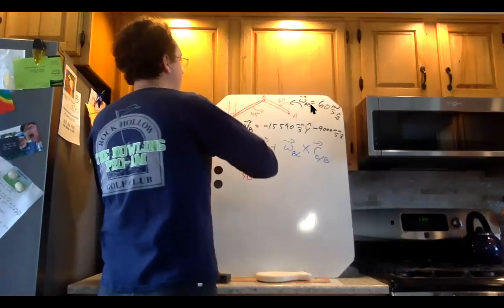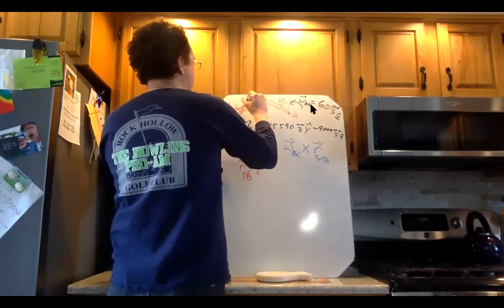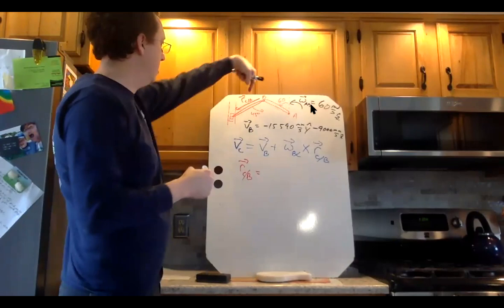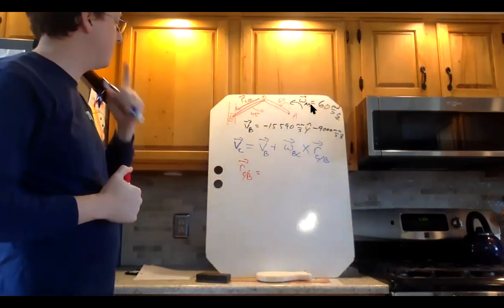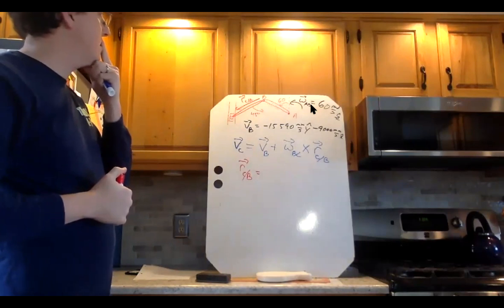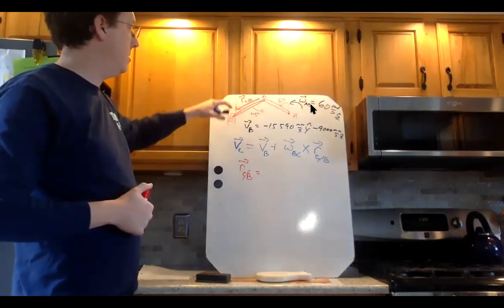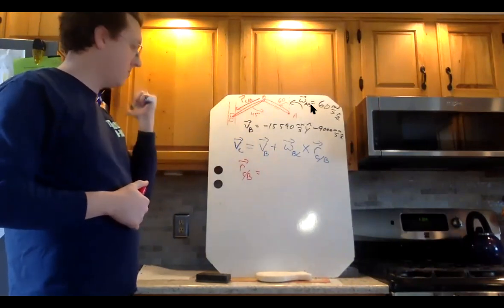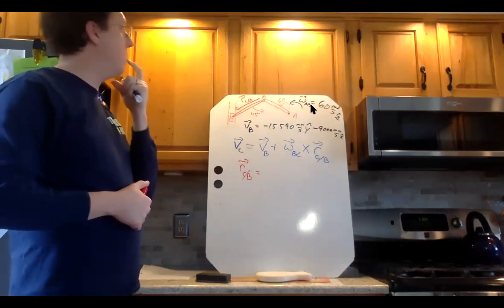So RCB is just a position vector from B to C. So this vector right here, tell me about its x component. Is it positive or negative? I would say positive. Is it moving left or right? Left. It's negative. Oh, sorry. Yeah. All right. What about the y component?